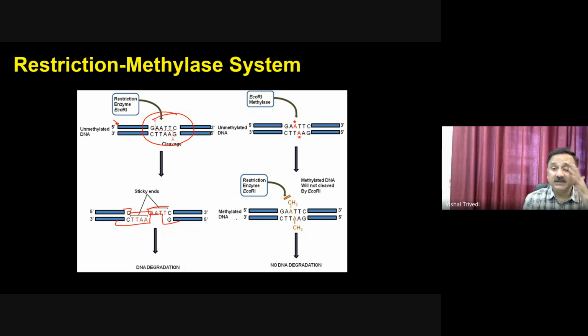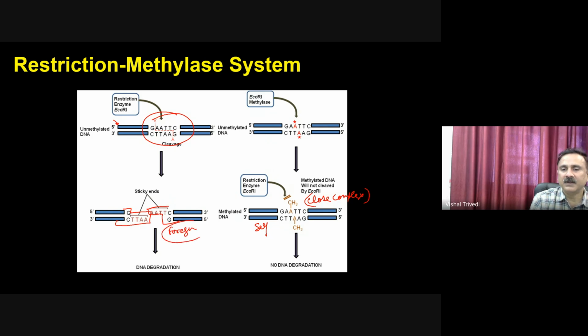Similarly, if you have methylated DNA, whether it is fully methylated or hemimethylated, then the restriction enzyme will go and bind, but will not be able to form the closed complex. And if you cannot form the closed complex, then it will not be able to cut. And this DNA is going to be called self, whereas this will be called foreign DNA.